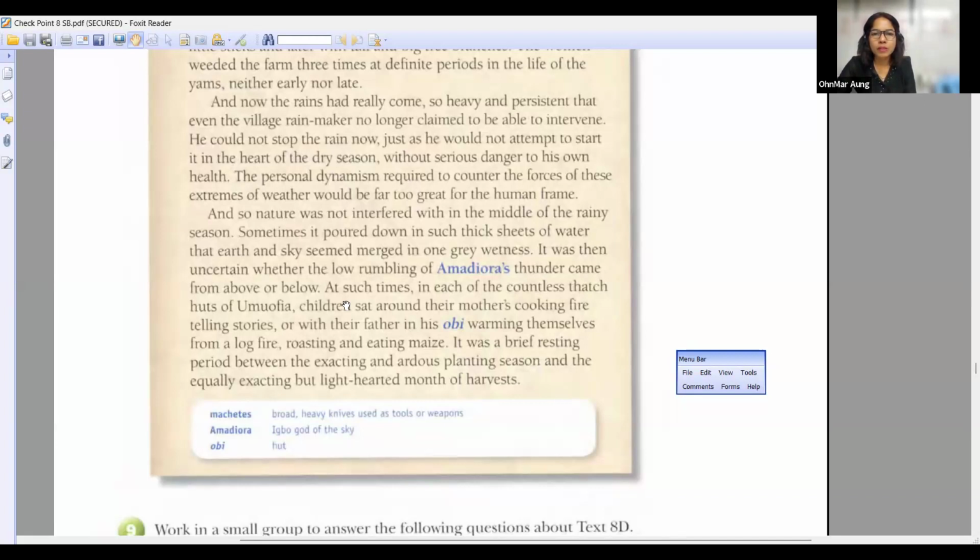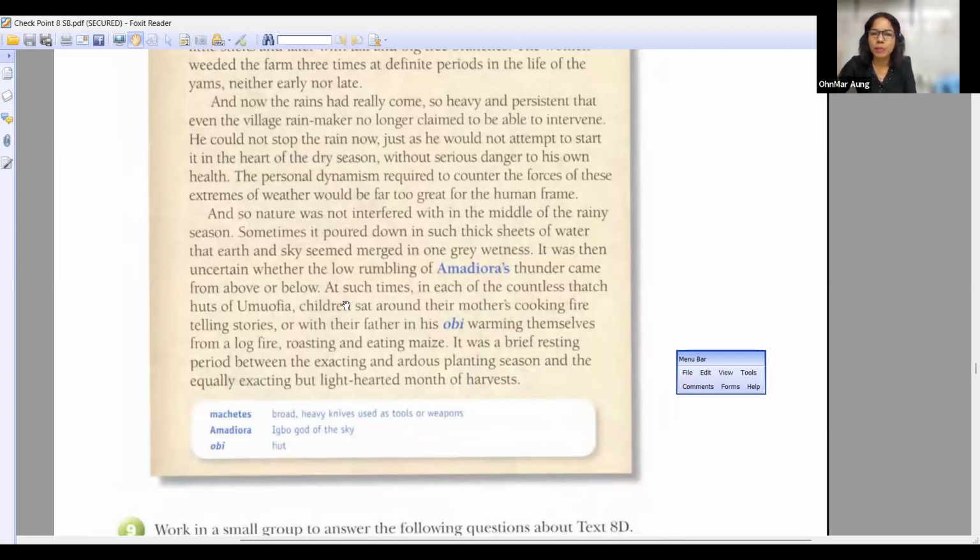Thatched huts means the roofs of the huts are made of thatch leaves. In villages, the roofs of the houses are made of leaves. That is called thatch. Children sat around their mother's cooking fire, telling stories, that is about their free time activity, and with their father in his obi warming themselves from a log fire, roasting and eating maize.